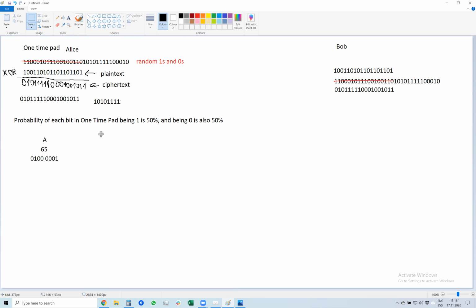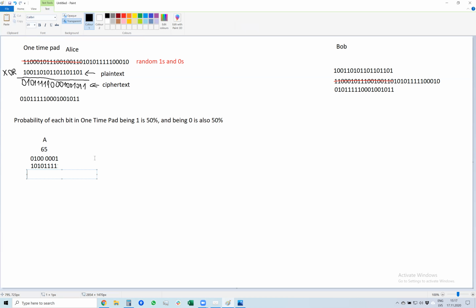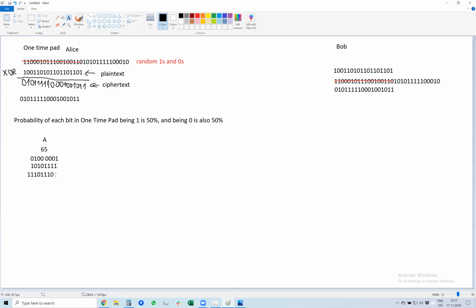So she takes a piece of her one-time pad, she XORs these things together with each other, and so 1 XOR 0 is 1, next is also 1, next is 1, 0, 1, 1, 1, 0. So it turns out that this is the ciphertext that she sends out.